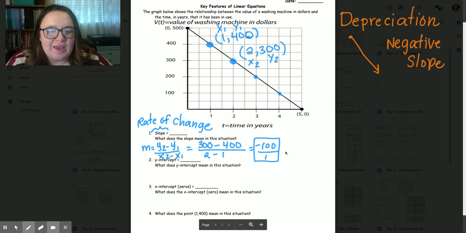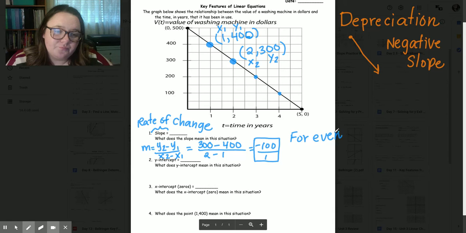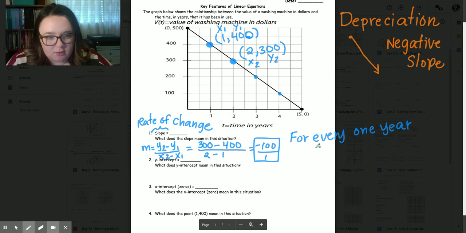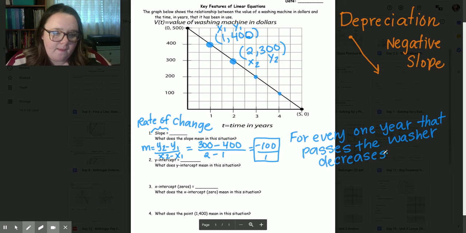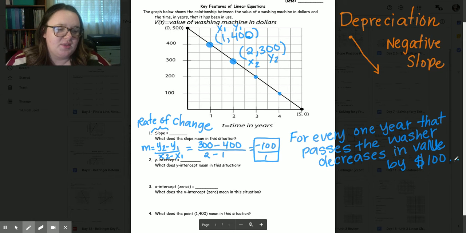So I would say what this means is, for every 1 year that passes, the washer decreases, because it's a negative slope, decreases in value by $100. That is what that slope means in real life.